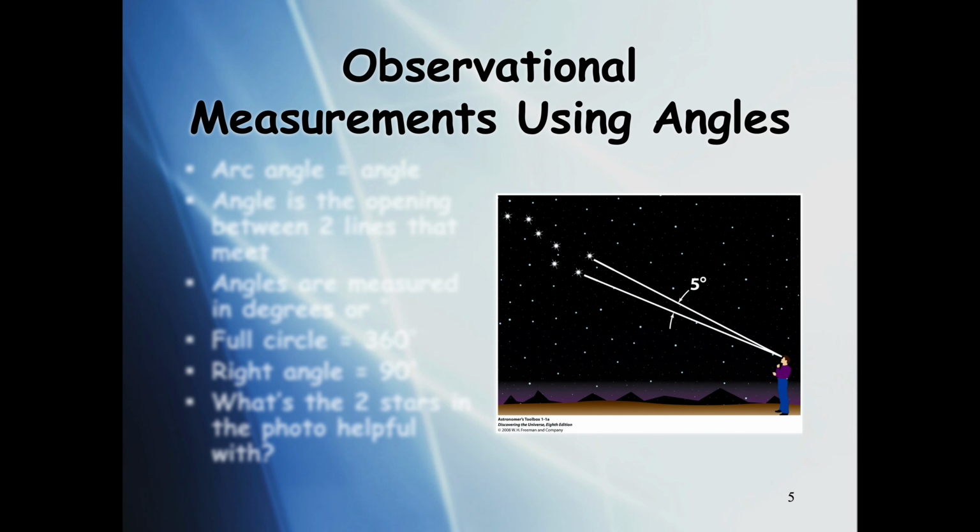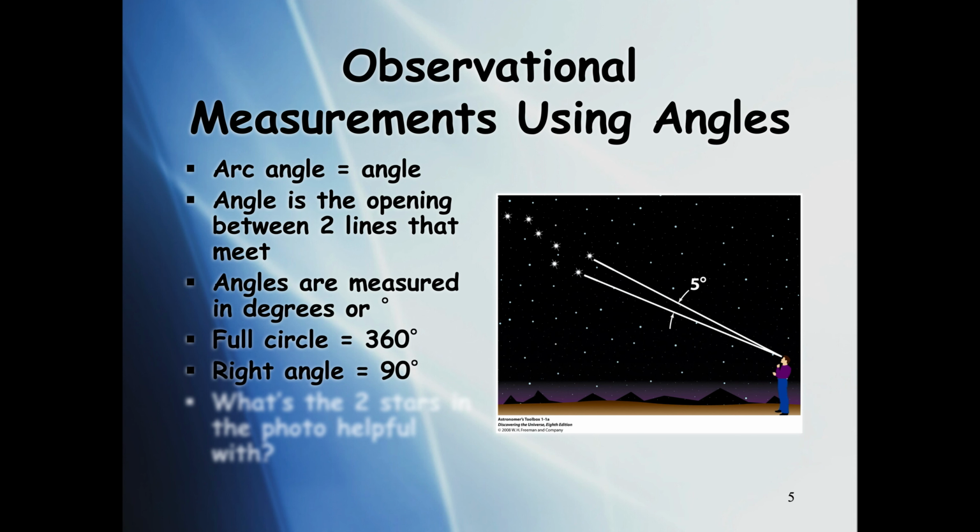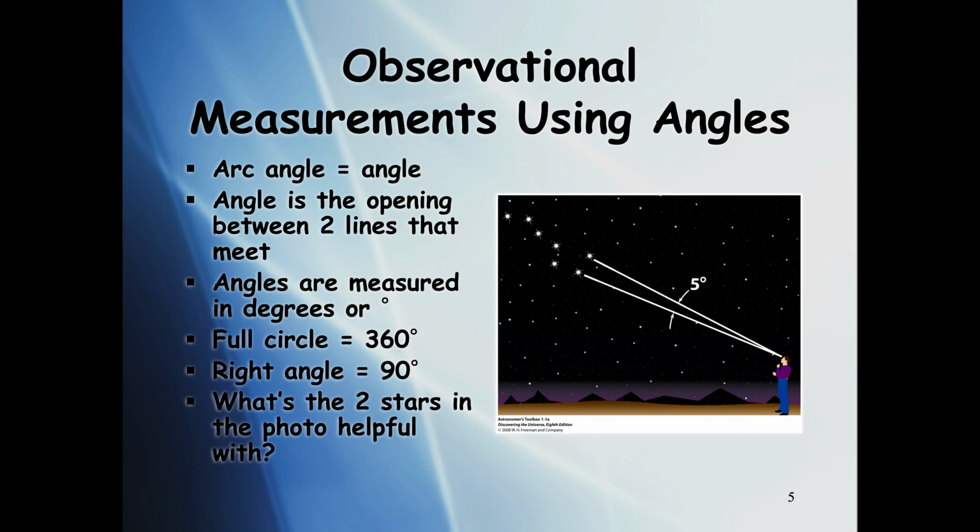So when we're looking at the night sky, we can use angles to talk about locations, distances, and sizes. Just before I get into this, a lot of times if we're out viewing stars by my house, I might say, look up about 45 degrees.